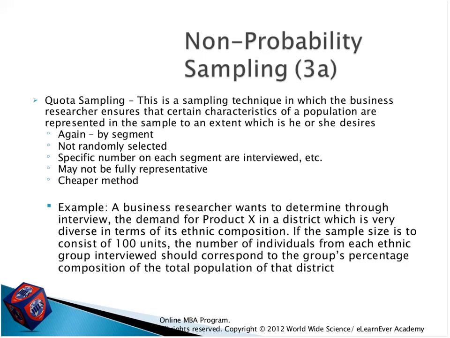An example of this: a business researcher wants to determine through interviews the demand for product X in a district which is very diverse in terms of ethnic composition. If the sample size is to consist of 100 units, the number of individuals interviewed from each ethnic group should correspond to the group's percentage composition of the total population of that district.